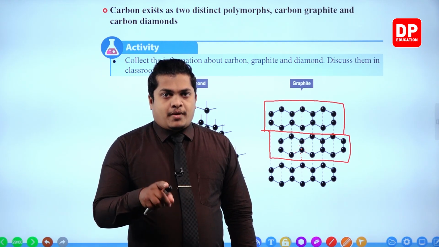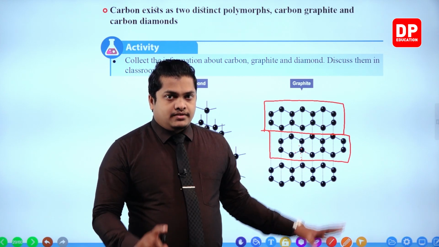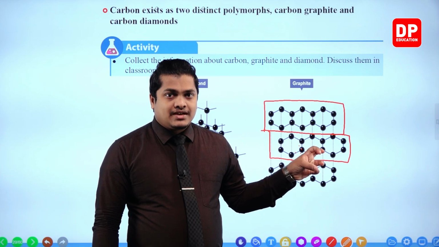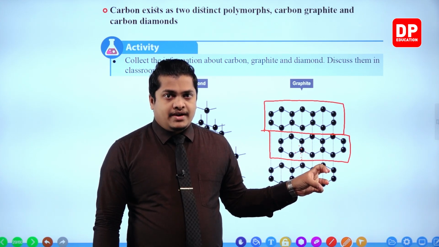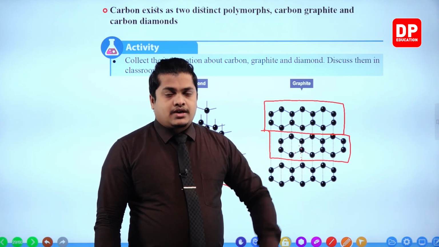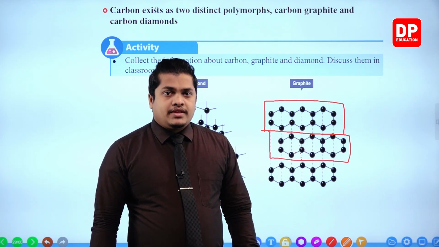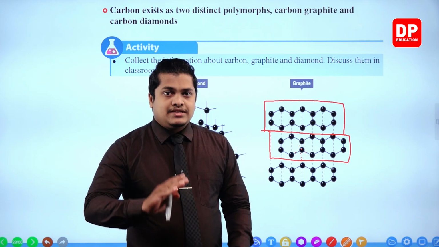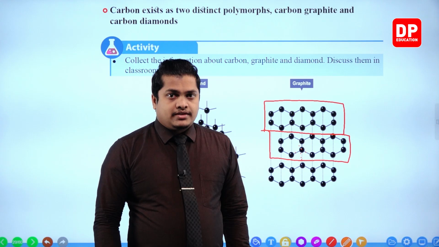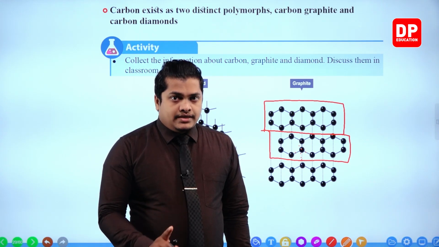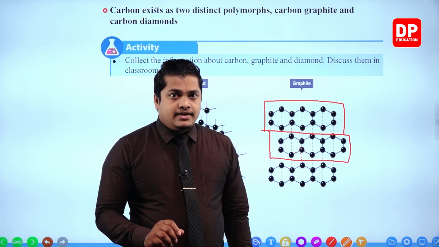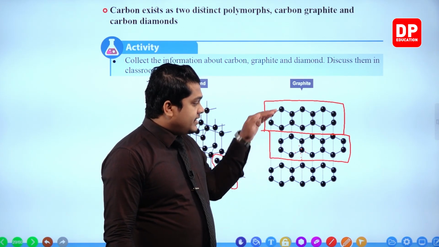So the properties: if you take one particular carbon atom, it shows 3 bonds with other carbon atoms. The fourth bond, that means the bond between 2 layers, is very weak. I forgot to tell you one other thing. Graphite is created by arranging into layers like this.